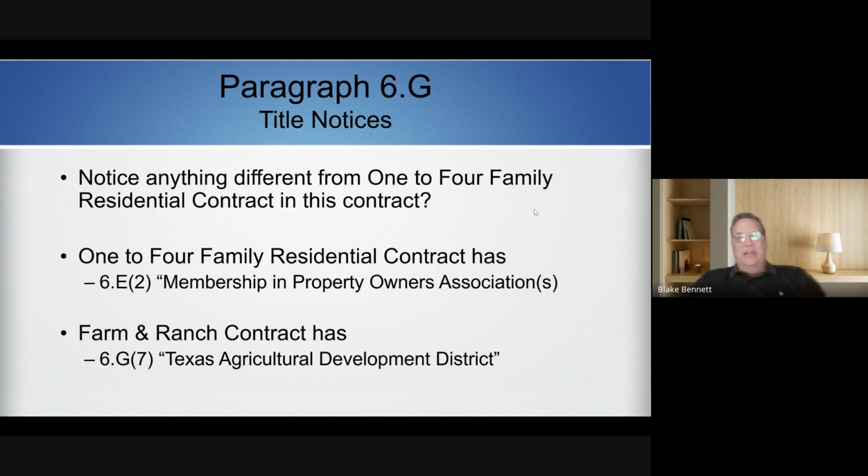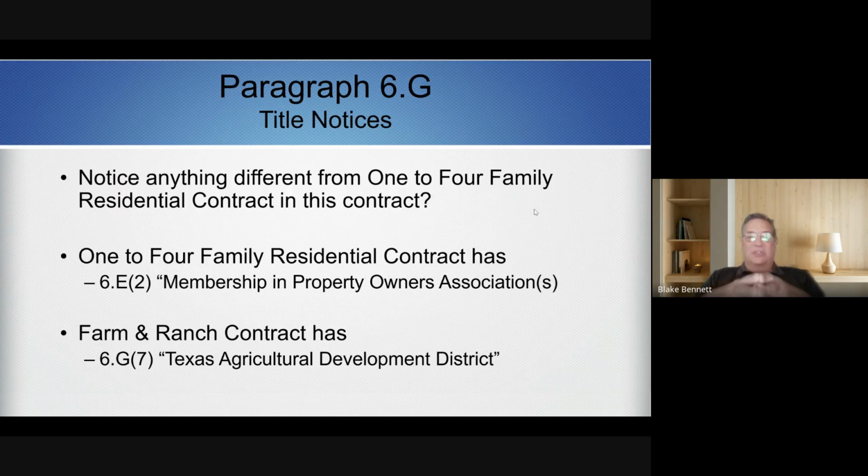The reason is if I put my property in an agricultural development district, that says this property will forever and always, say, be raising cattle or maybe farming cotton. It will never do anything but raise cattle, or maybe it's going to be farm cotton, or maybe it's going to be farm wheat. It locks that property in regardless of ownership.